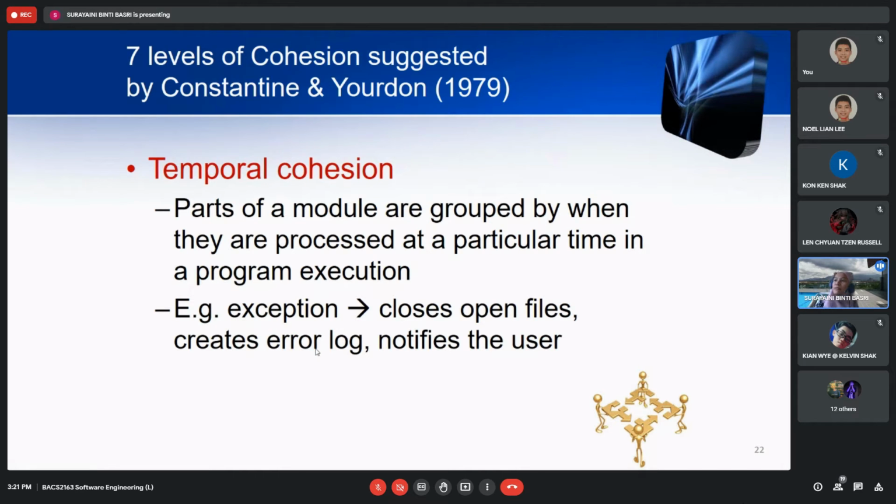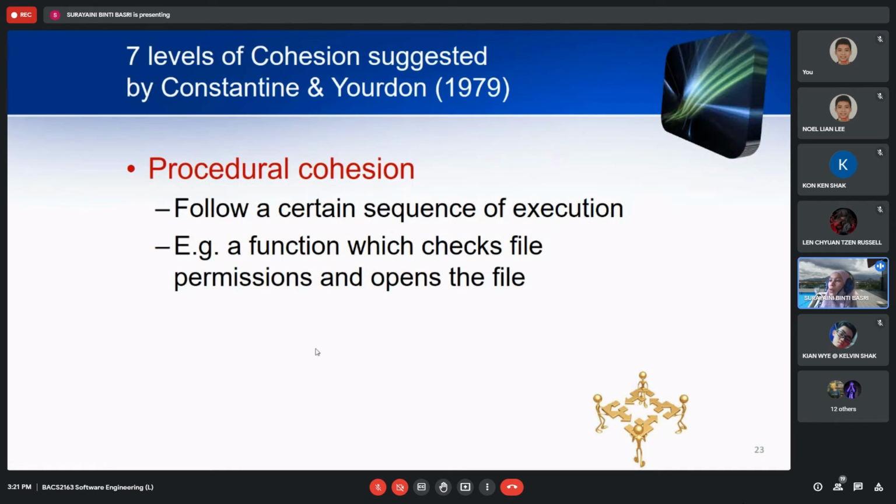Okay, so after that, procedural cohesion, where you group some of your modules following a certain sequence of execution. Okay, so for example, a function which checks file permission and opens the file. Like I said just now, you group them because of the sequence. Maybe the first process when you run your system is a function that needs to check the file permissions.